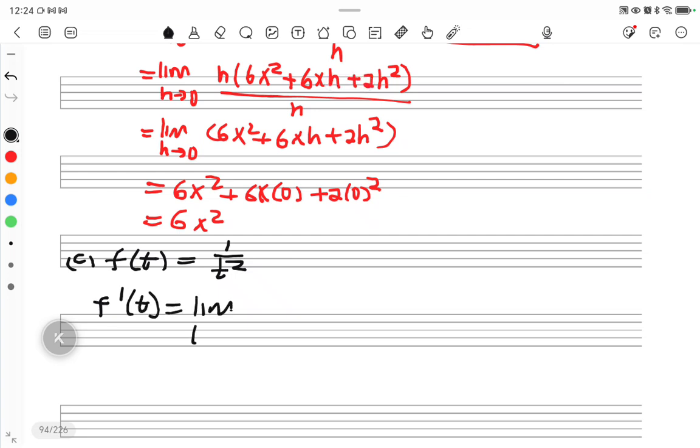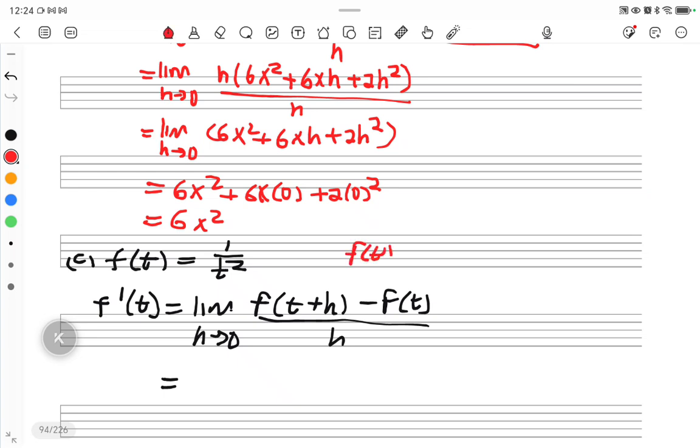It is the limit as h approaches 0 of f of t plus h minus f of t all over h. We know that we have f of t. What do we need? We need f of t plus h.